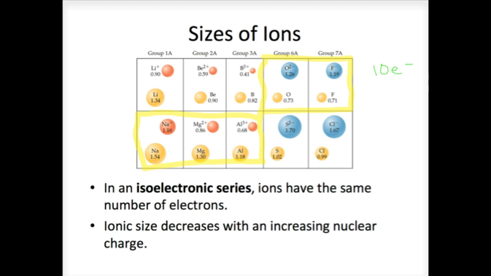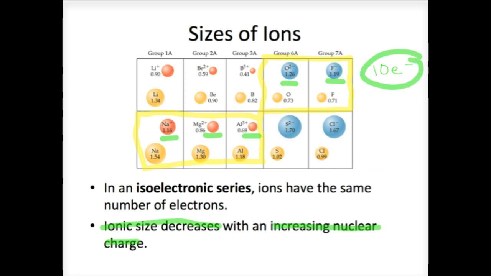Notice that the trend is basically that the ionic size will decrease with an increasing nuclear charge, which makes sense. So here I have 8, 9, 11, 12, 13. So you can see how that trend plays out as long as I have the same number of electrons.